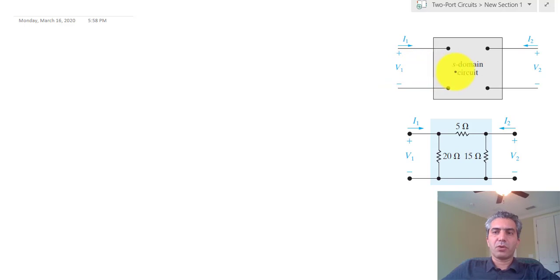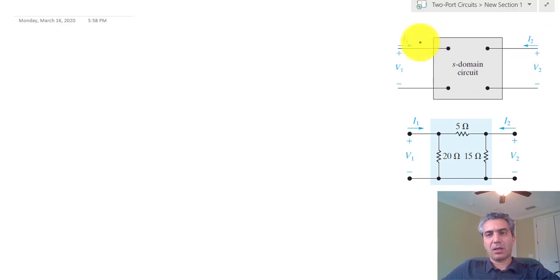For example, we are going to assume that there is no independent source inside that box, and also that the current going into this port on the left, which we are going to call port 1, is the same current that is coming out of the port. So we're not going to label two different currents for these two terminals connected to that port. And the same is true for port 2.